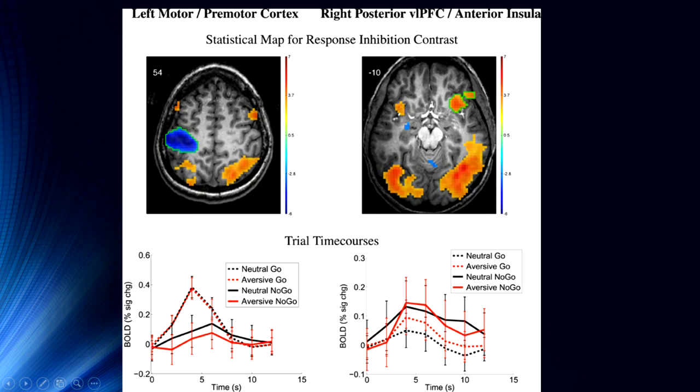And what you can see is the go versus no-go trials. This is the left motor premotor cortex. No surprise there, because they're pushing the button here and they're not supposed to be pushing the button here. But then when we get over here into the posterior inferior parietal cortex and the anterior insula, we see significant increases in activity for the no-go trials.